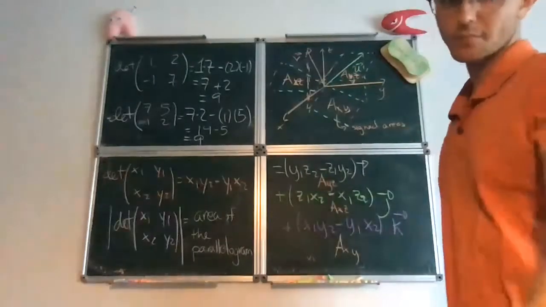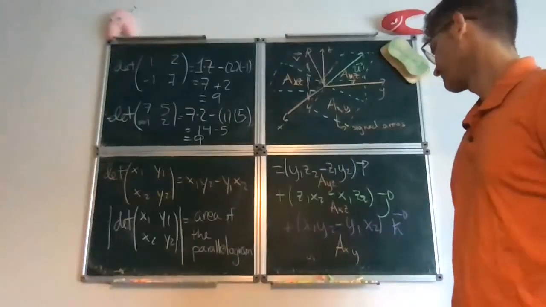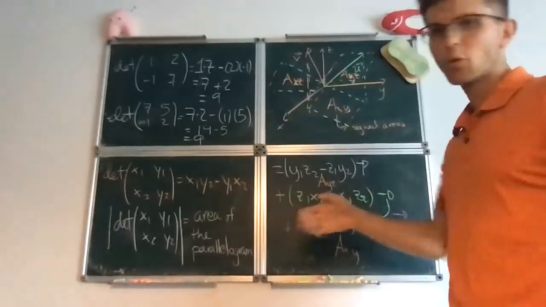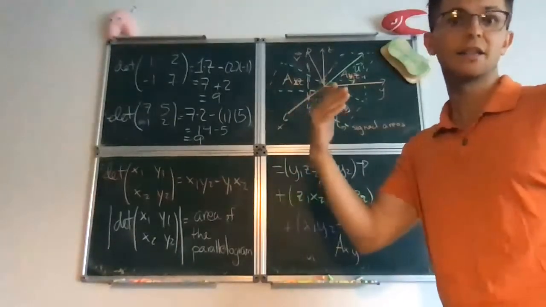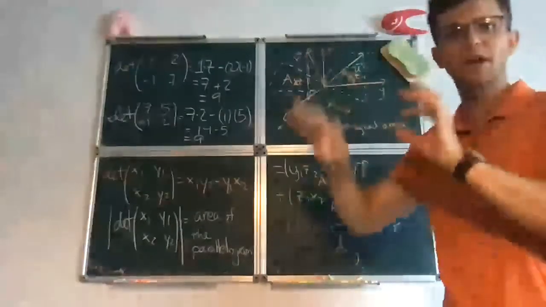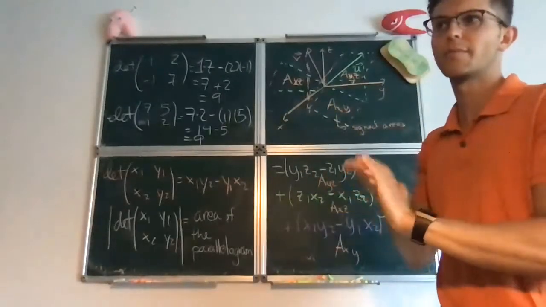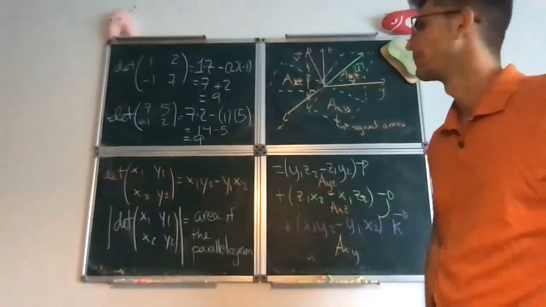Okay? So you should think of the cross product as recording 3 signed areas. You have these vectors, they make shadows on each plane, and you create mini parallelograms, and that's the area that you care about.